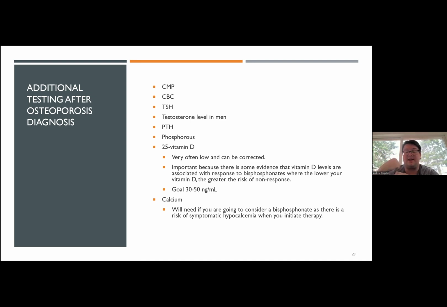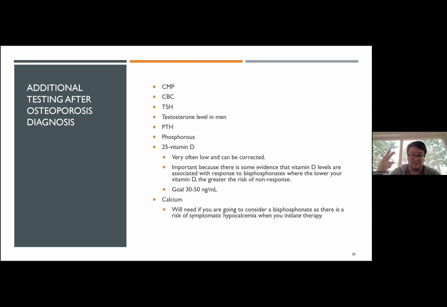Easy to correct, and it's important to correct because your next steps of management, including the bisphosphonates, which we're going to talk about, are going to have their effectiveness directly correlated, I should say, to how good you are at correcting their vitamin D. Meaning, lower vitamin D is associated with a lower response to bisphosphonate. And you want to correct the vitamin D to a goal of at least 30 to 50 to make sure that you set them up for a good place to have response to your treatment.